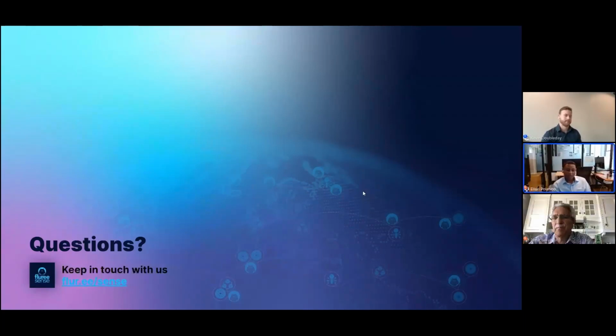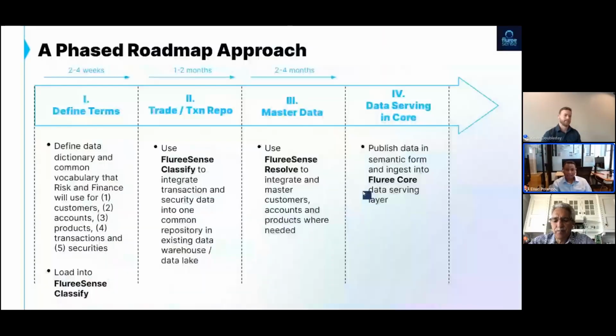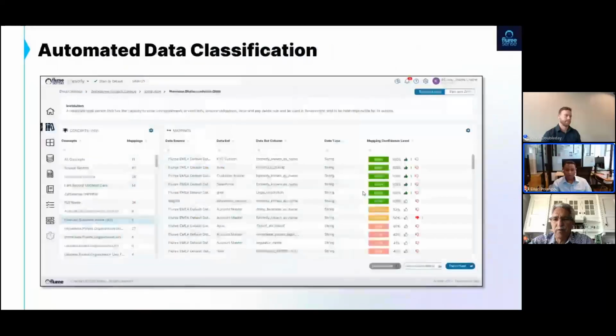Okay. The second question relates to how we deal with semi-structured and unstructured data. Classify today does have some components that deal with semi-structured data, and we're working on some enhancements, coming hopefully pretty soon, that will look at how we metadata-tag documents, like loading in the PDF of your loan agreements or your various credit trading agreements, and how we go through, find the information, and tag it.